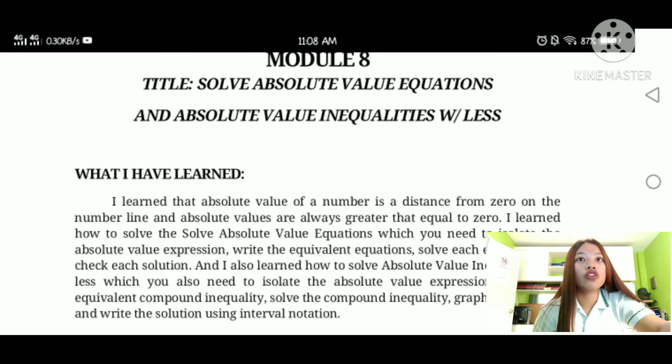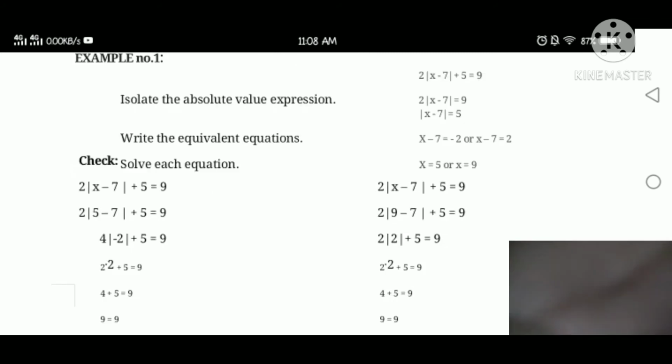I also learned how to solve absolute value inequalities, where you also isolate the absolute value expression, write the equivalent compound inequality, solve it, graph the solution, and write the solution using interval notation.